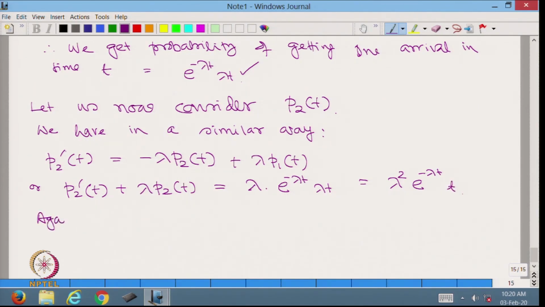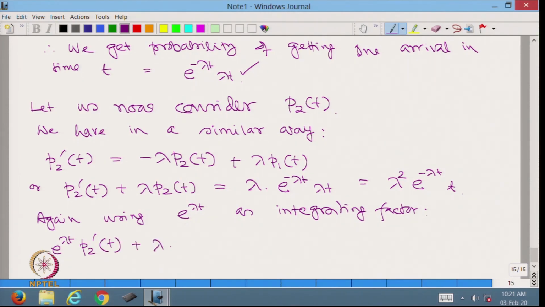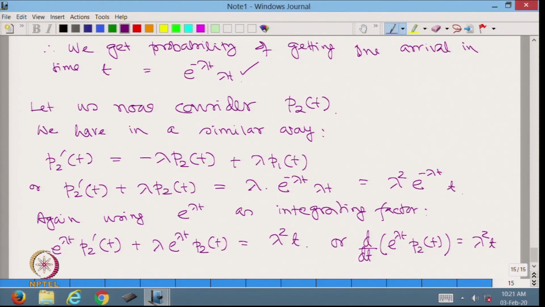Again, using e to the power lambda t as the integrating factor, we have e to the power lambda t into P2 prime t plus lambda e to the power lambda t P2(t) is equal to lambda square t, or d/dt of e to the power lambda t P2(t) is equal to lambda square t.